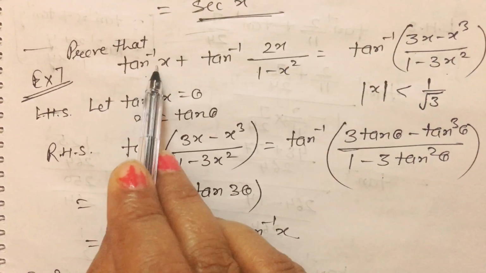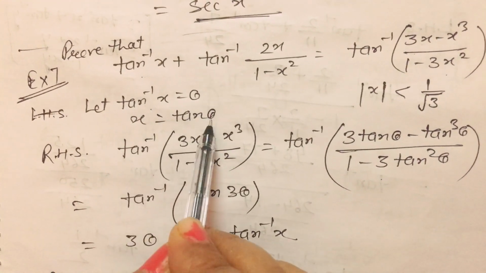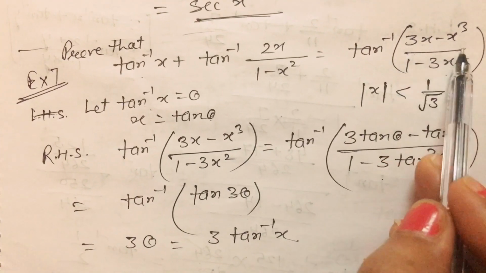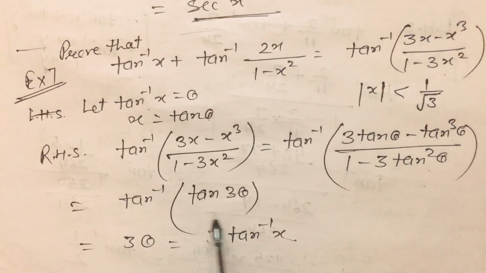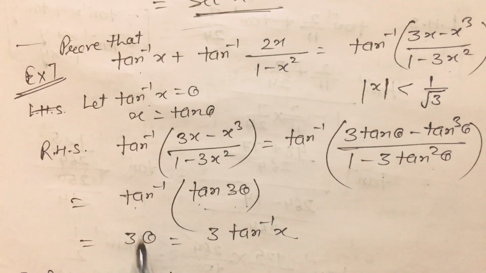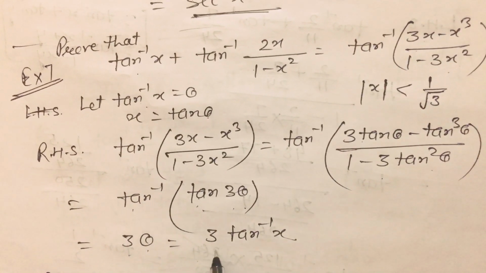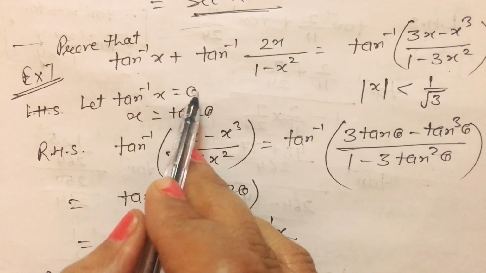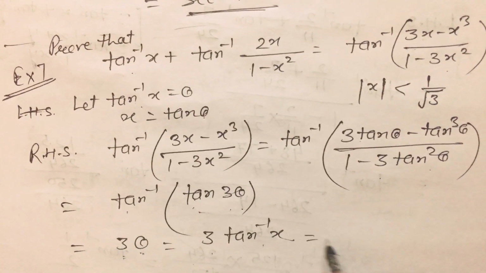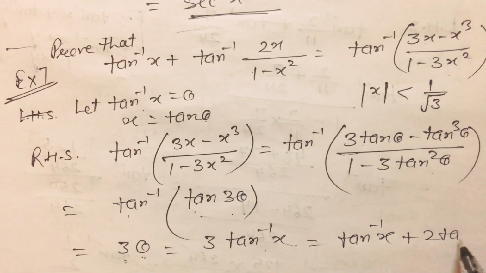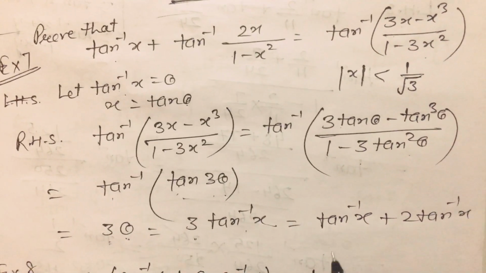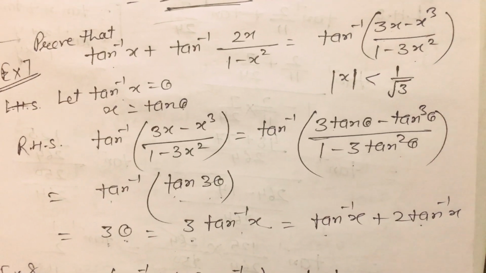So what we have to prove is this is equal to this. Take tangent inverse x as theta, then x is equal to tangent theta, and we will put it in the right hand side. So in place of x you will put tangent theta, it will be tangent 3 theta, so they cancel, it will be 3 theta. We know that theta is tangent inverse x here, so we can write tangent inverse x plus 2 tangent inverse x, since it is 3.